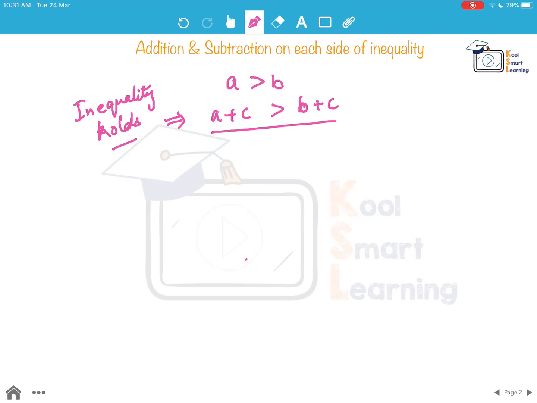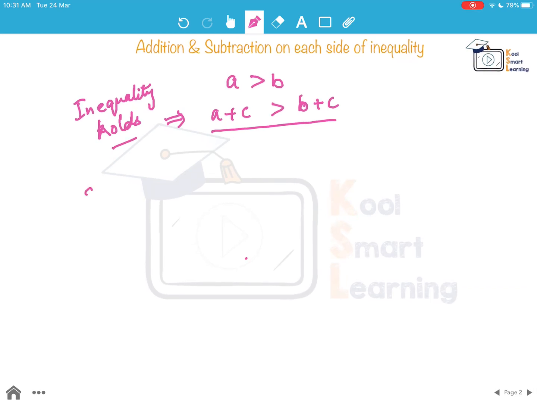Now same is the case for subtraction. So if instead of addition we perform a subtraction from both sides of the inequality, which would mean we get A minus C on the left hand side and B minus C on the right hand side, the inequality still holds and A minus C in this example will still be greater than B minus C, irrespective of whether C is a constant, variable, whether it's a positive or negative number.